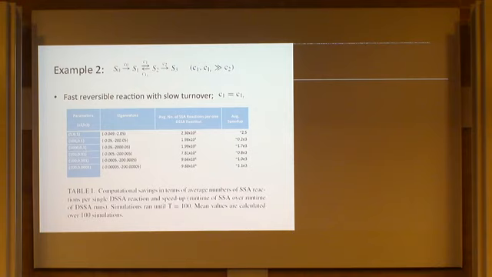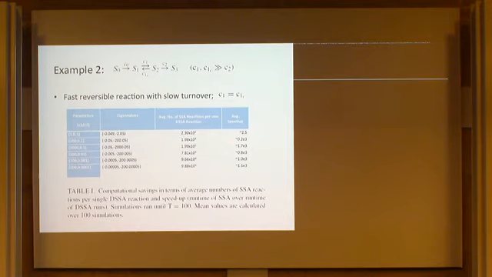We also see the average number of SSA reactions per single DSSA reaction, and obviously this is correlated with the speed up of the system. So if the difference between C1 or C1R and C2 is huge, then we obtain the largest speed up.